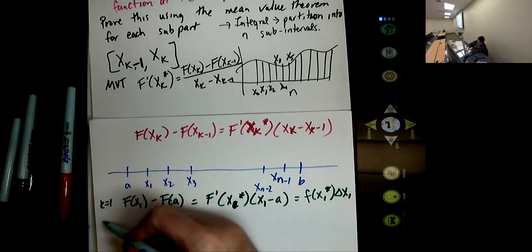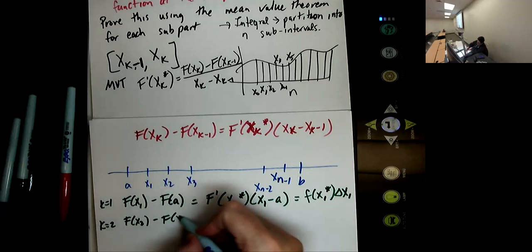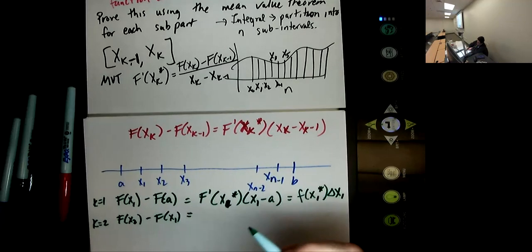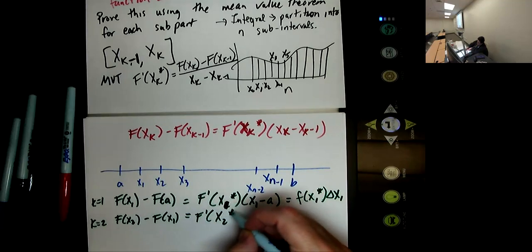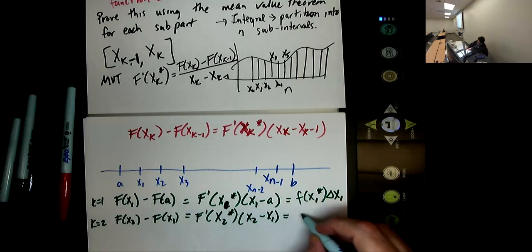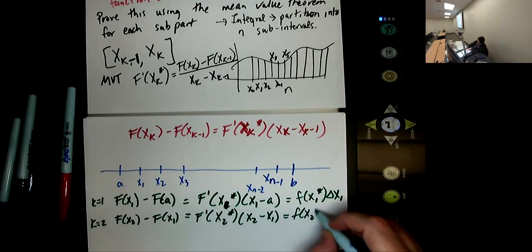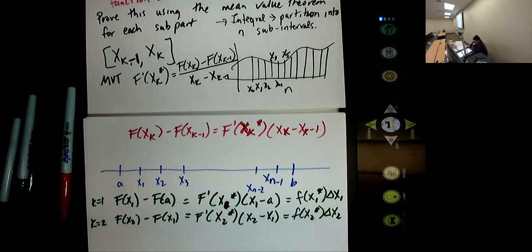And when I do k equals 2, I have f of x2 minus f of x1 equals f prime of x2 star, x2 minus x1, which is f of x2 star delta x2. Thank you.